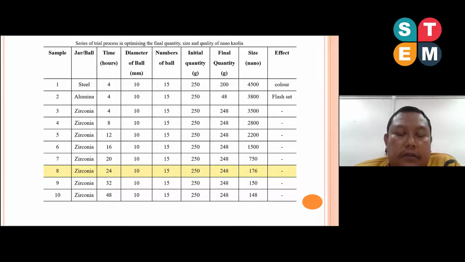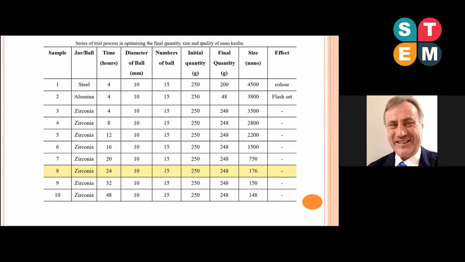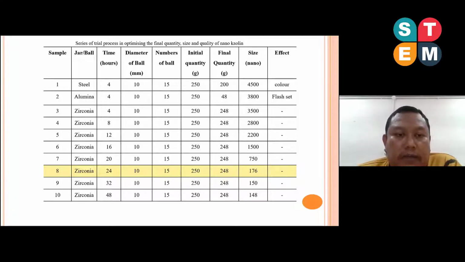When kaolin is reactivated, it becomes metakaolin, which is already known as an advanced material in the cement industry. So the potential of that kaolin is being changed from micro level to nano level.